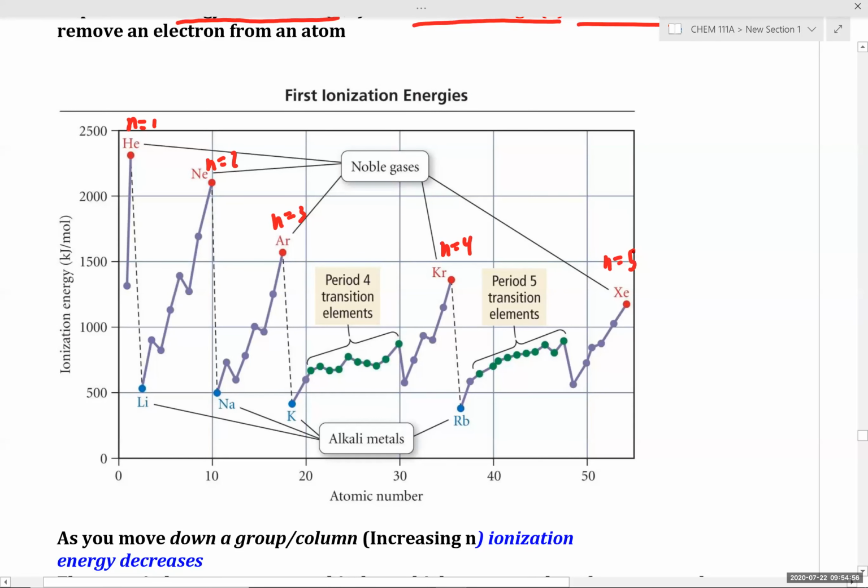And my question to all of you is, as we move down a column, as we move down a group in the periodic table, what happens to our ionization energy? Does it increase or decrease as we move down a column? And don't be shy to type your responses in the chat.